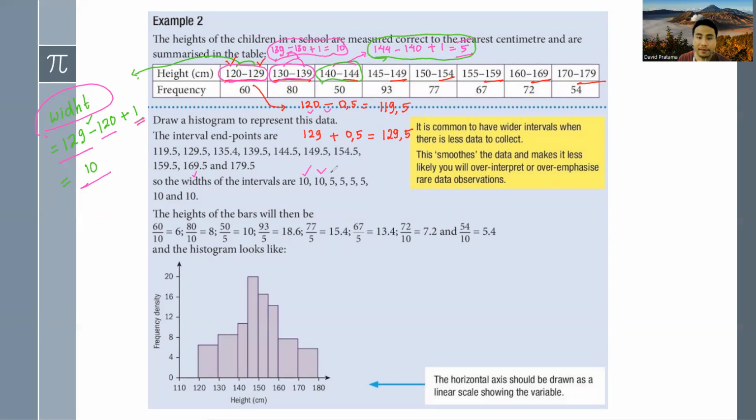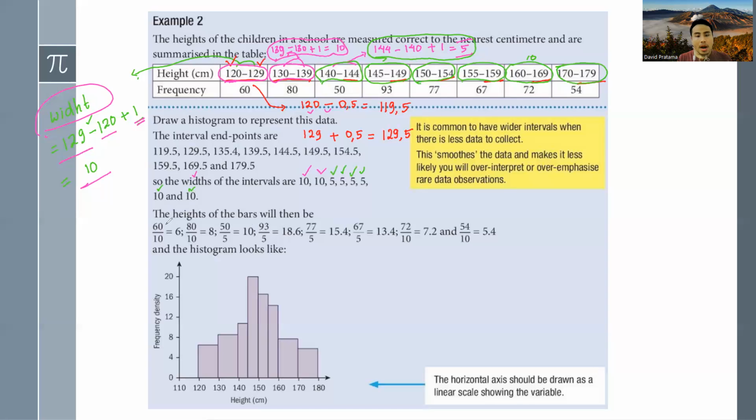The answer is 5. And this is also 5, this one also 5. How about this? This is 10, and this one is also 10.